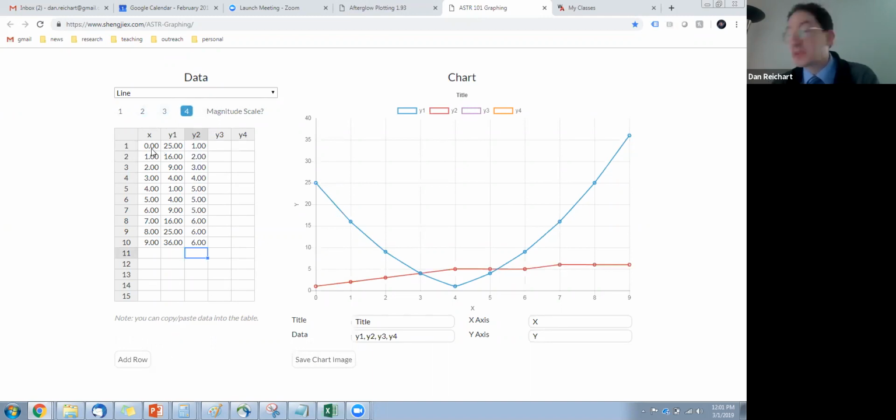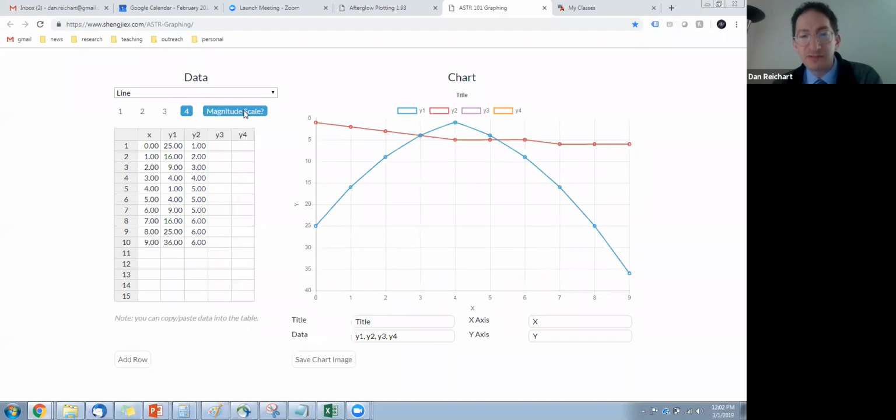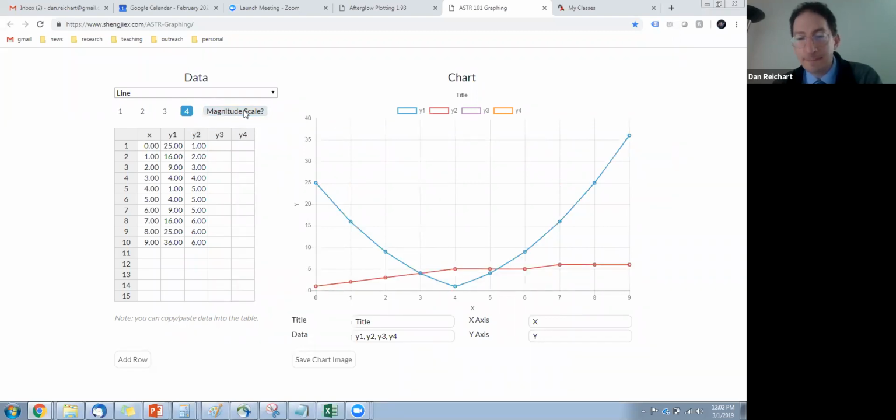You can also copy and paste into this one, which you couldn't in the Flash-based one, so that's kind of nice. And if you want magnitude scale, that just flips things right there. You can add information to the title, and it fills in automatically. Or you can label the axes however you want, and save the chart to an image to upload into WebAssign.